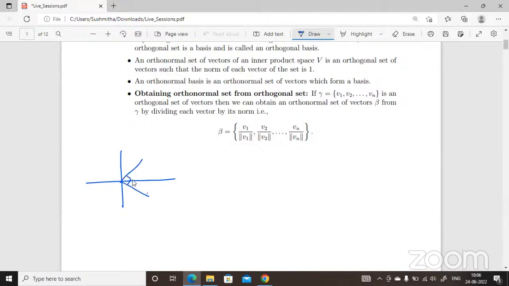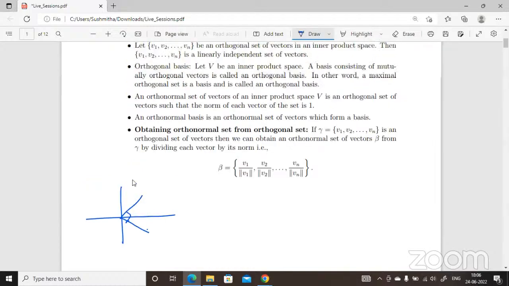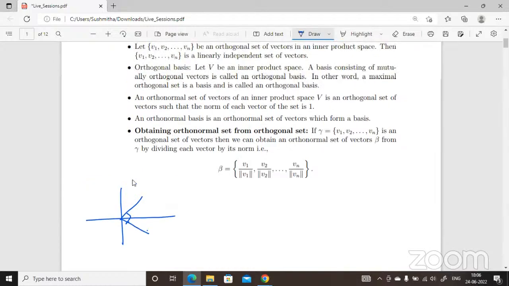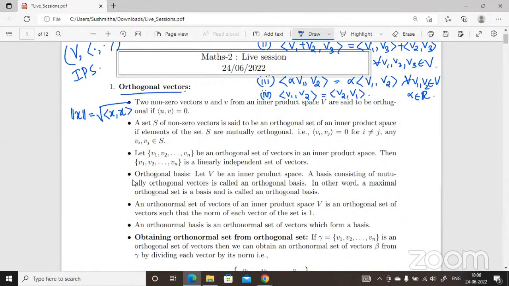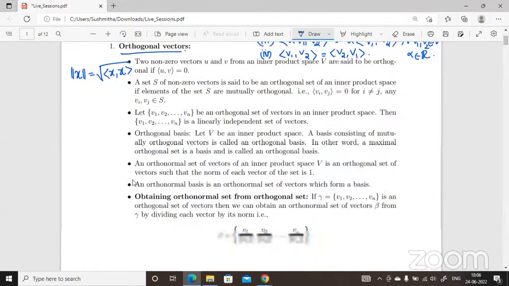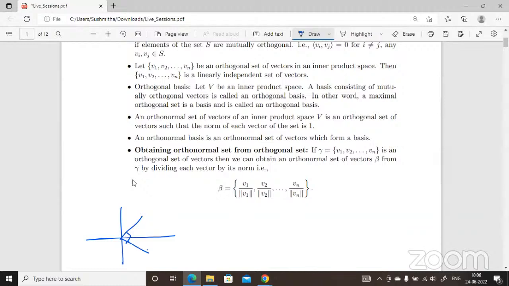So since the dot product is 0, the angle between those two vectors is actually 90 degrees. So any two perpendicular vectors are orthogonal vectors, right? That's what we call orthogonal.